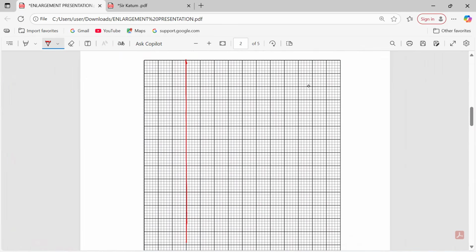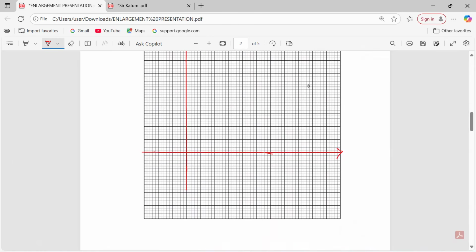That is the y-axis. Then we also have the x-axis at this point. So we can now indicate the values. That is the origin.